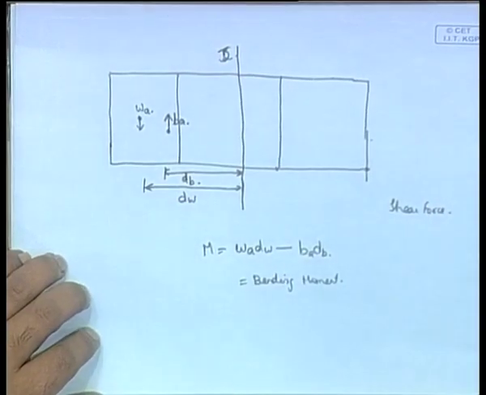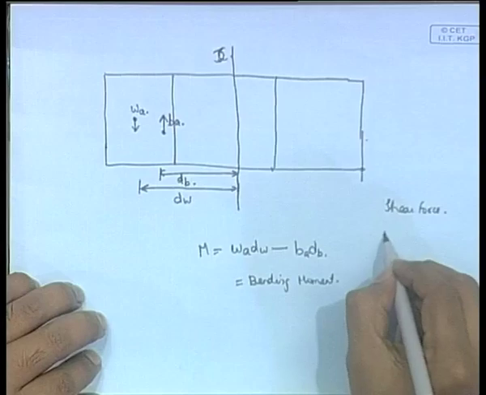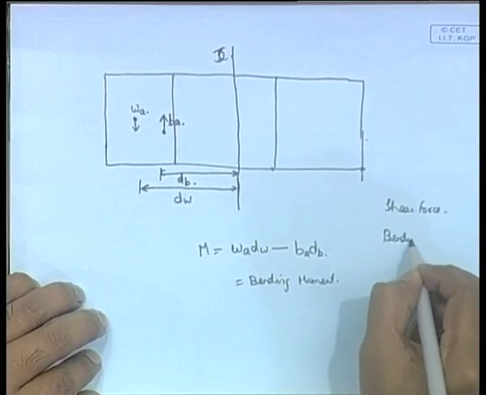And the moment of the weight and the buoyancy about the aft perpendicular, or maybe about the center point, the midship: if you plot that moment as a function of distance from the aft perpendicular to the forward perpendicular, that is what you call the bending moment curve. So, you will have two curves, shear force and bending moment.